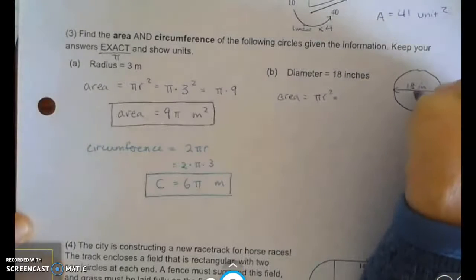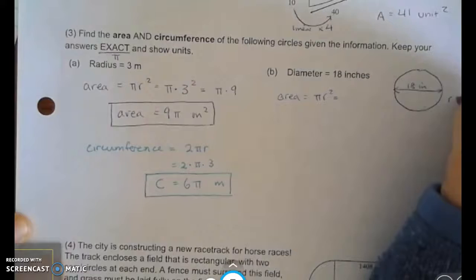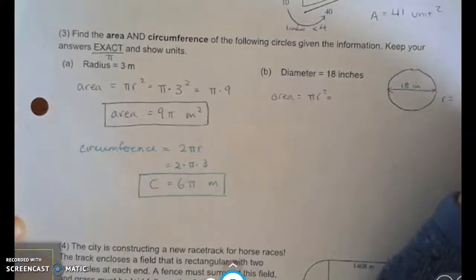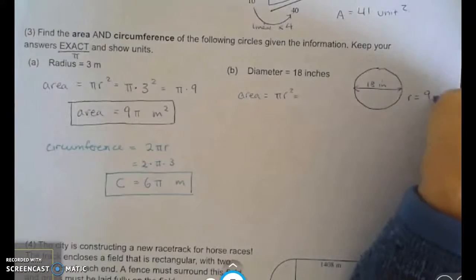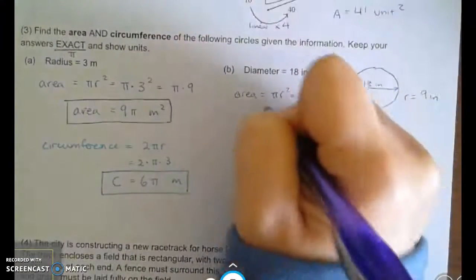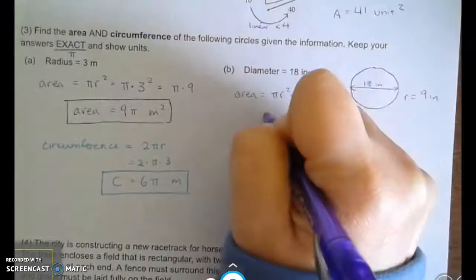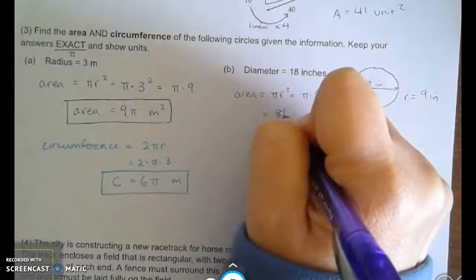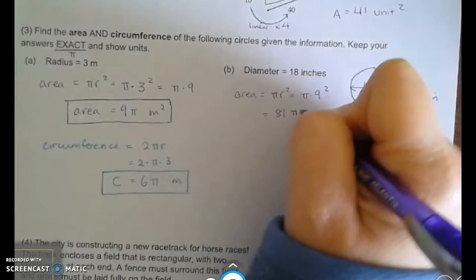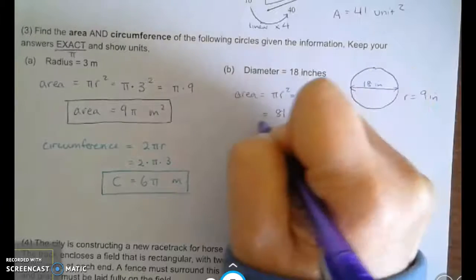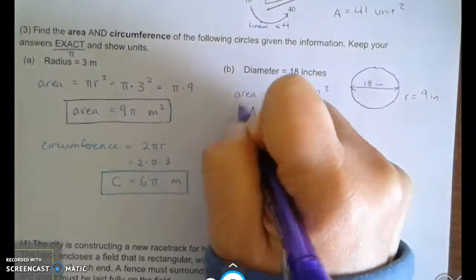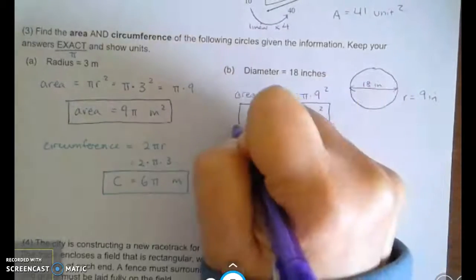If the diameter is 18 inches, the radius is half of that, so 9 inches. That's pi times 9 inches squared, which is the same as 81 pi inches squared. So the area is 81 pi inches squared.